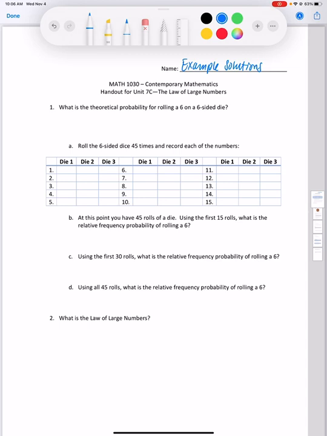So we're going to start by thinking about the theoretical probability for rolling a 6 on a six-sided die. What is the theoretical probability? Well, we just see what it should be when we roll a six-sided die.